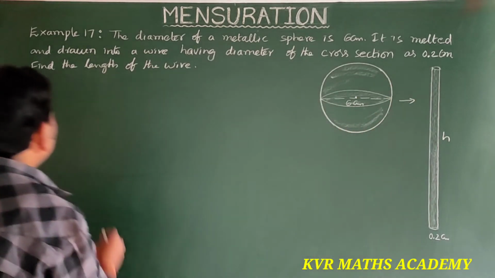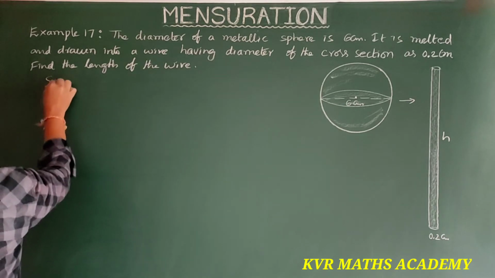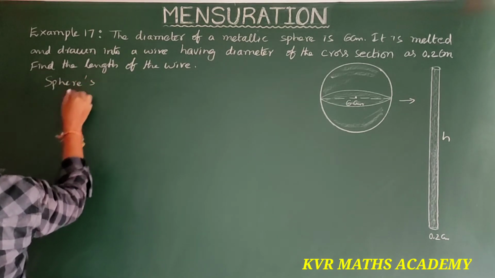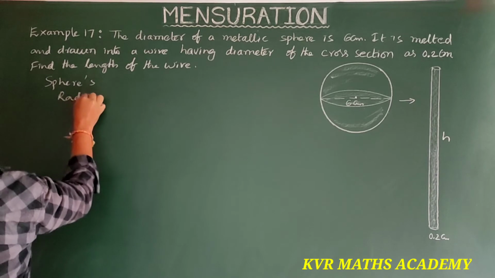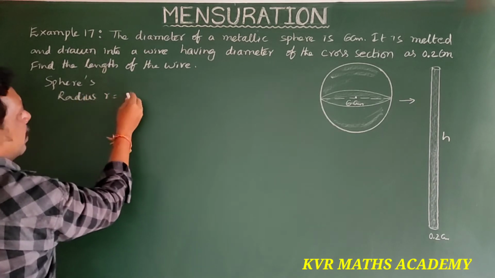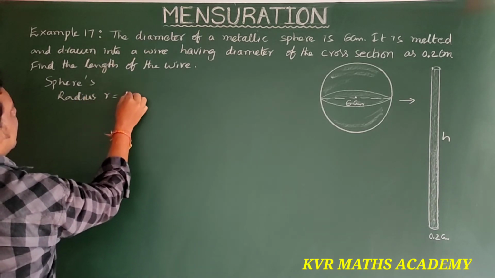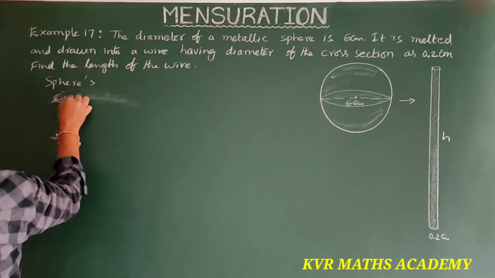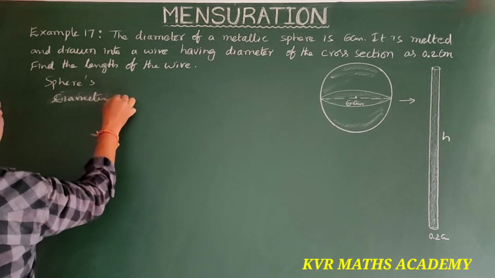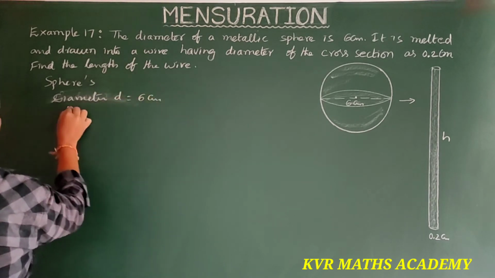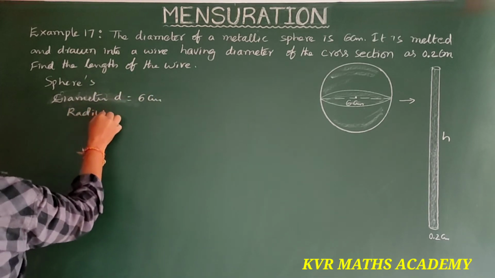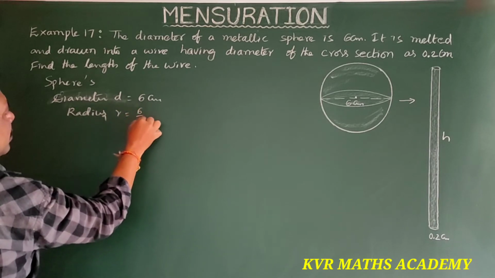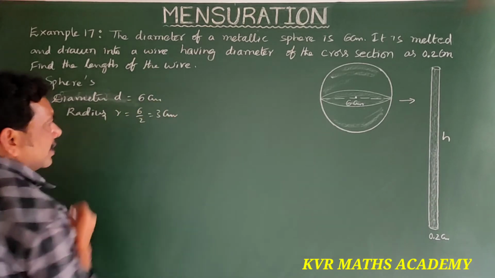Let us do it. Sphere's radius r is equal to how much? Here the diameter is given. First write the diameter d is equal to 6 centimeters. So radius r is equal to 6 by 2, which is 3 centimeters.